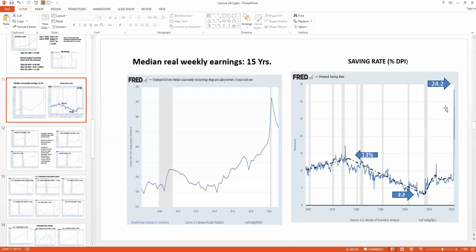And so what happened was that they saved those stimulus payments, and the saving rate, the portion of disposable personal income that was not spent by consumers who didn't really need those stimulus payments, jumped up to 24%, as opposed to perhaps a norm of about 7 or 8% more recently.